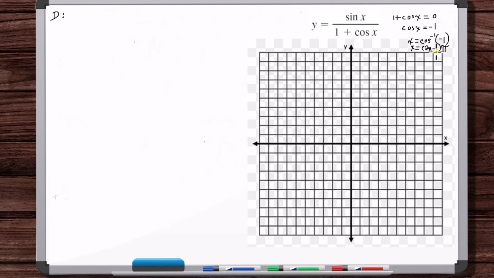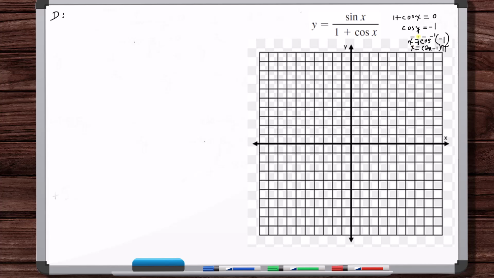If you plug that in here, you're going to be dividing by 0. Now, instead of giving the domain for all real numbers with answers like this for any integer, I want to sketch the curve only along a certain range, and that range is going to be one period.